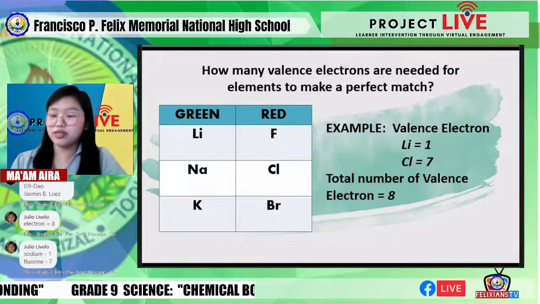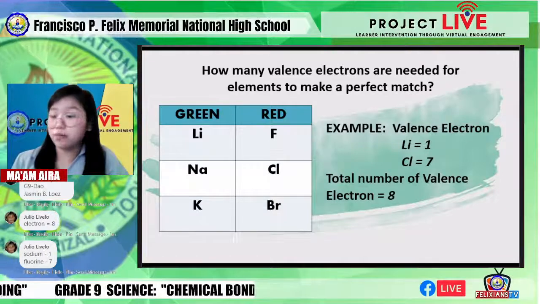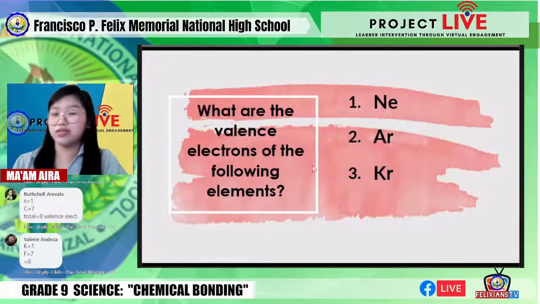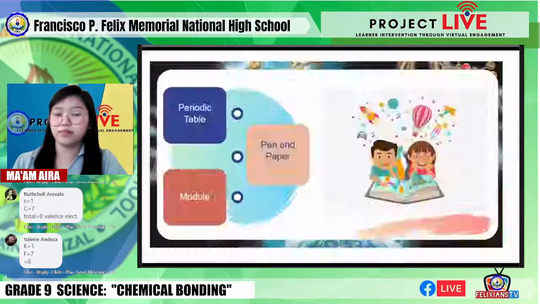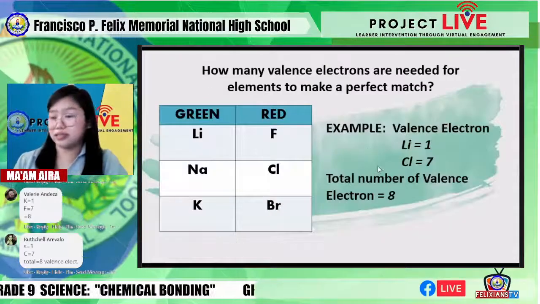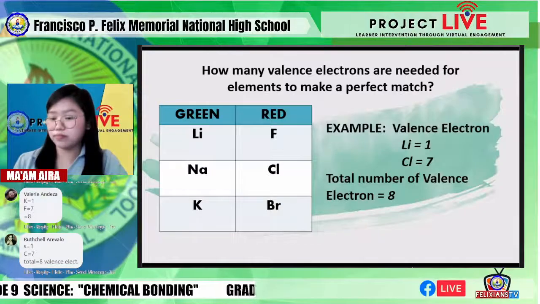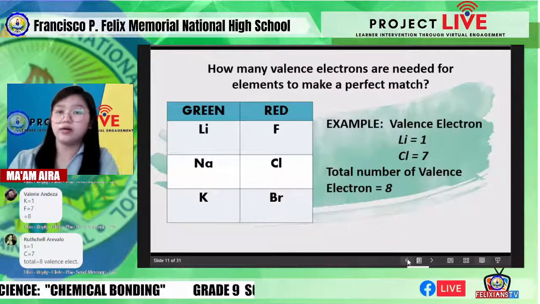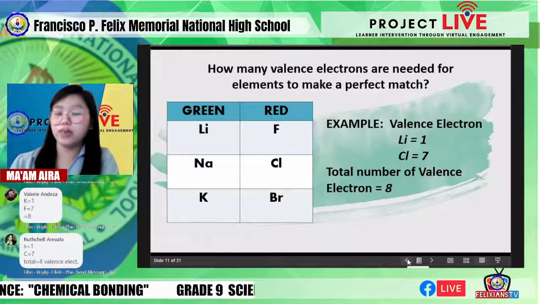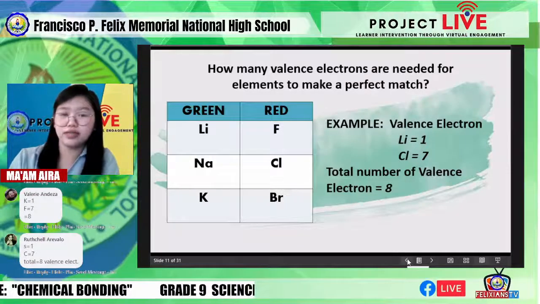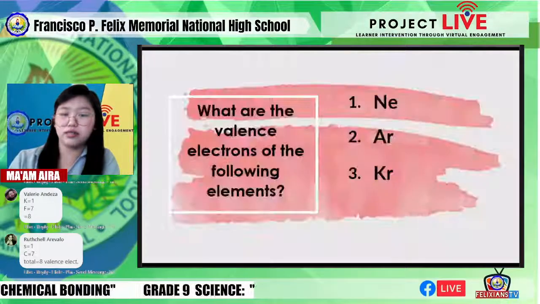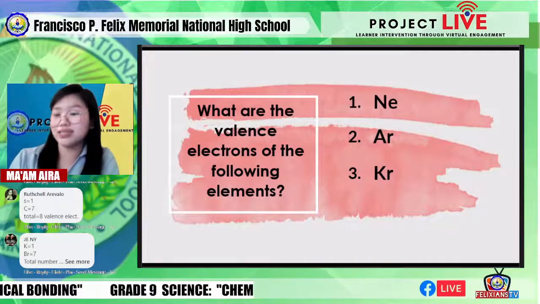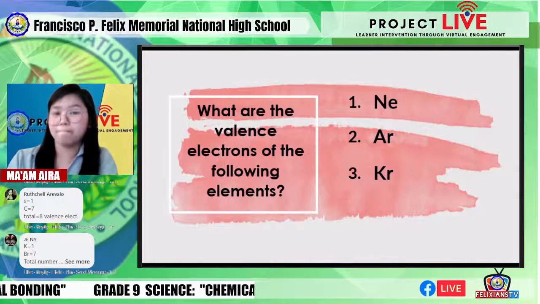The question now, how will you compare the first activity that we did, for Ne, Ar, and Krypton, to our second set of activity?